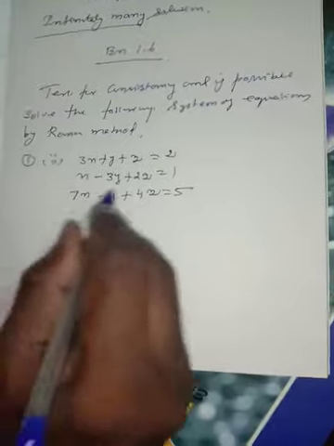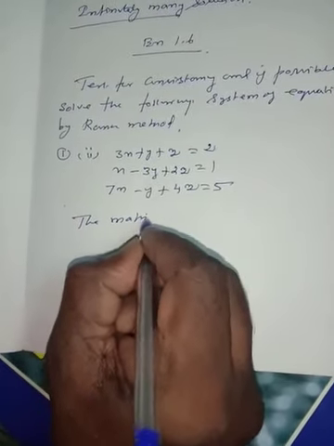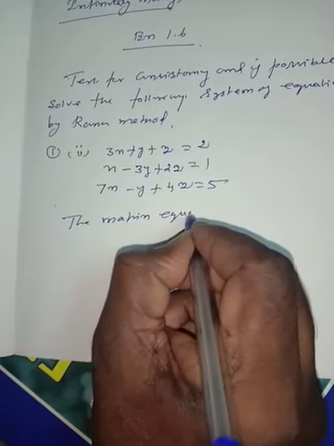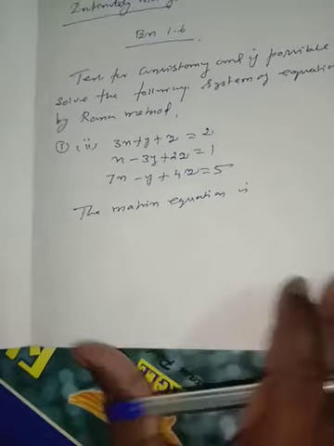First, the matrix equation is Ax is equal to b, the other form.